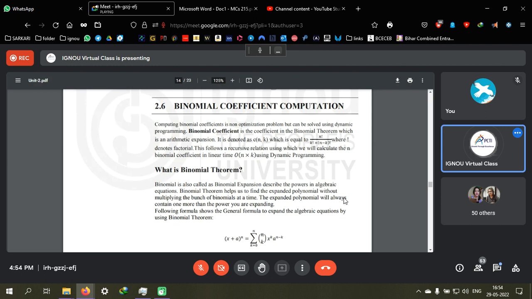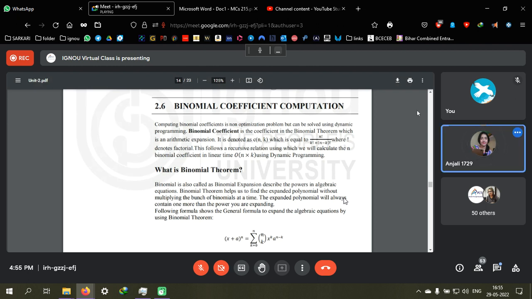If I want to compute (x plus a) to the power n, how can I calculate it? Ma'am, there is a formula for that.